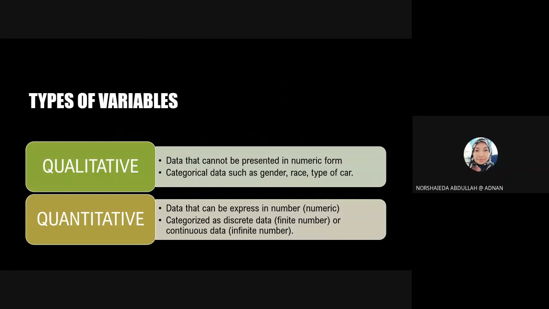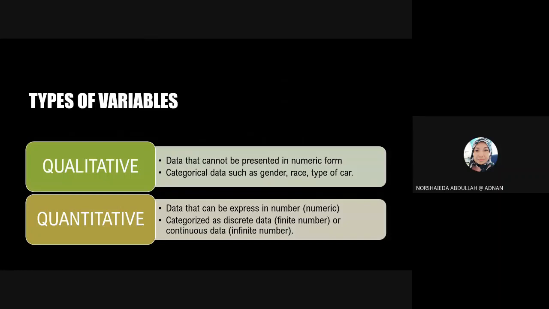So that type of variable is under qualitative variable. Quantitative is numeric, meaning the data is in the form of numbers. The earlier income is numeric data, so it is quantitative. Quantitative can also be divided into two, either discrete quantitative or continuous quantitative.